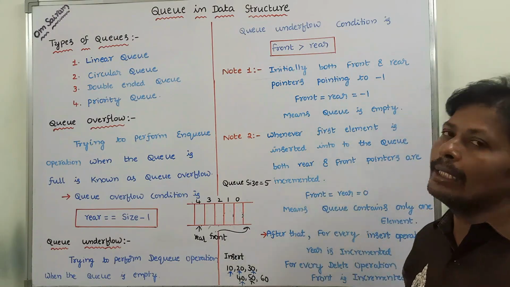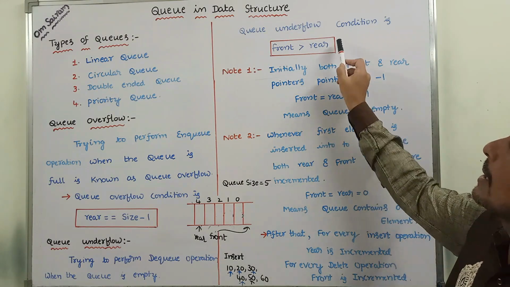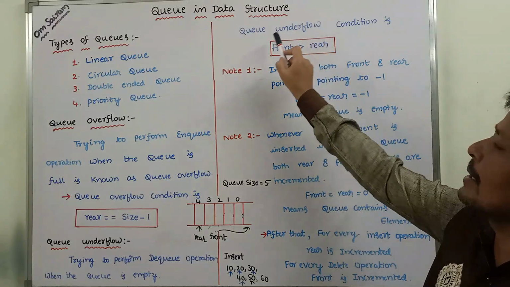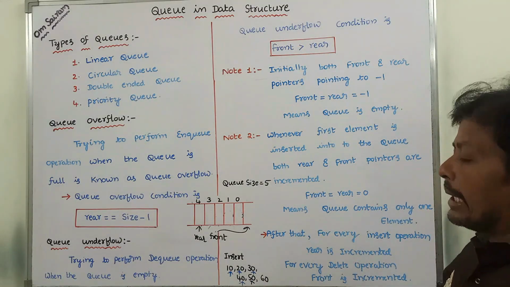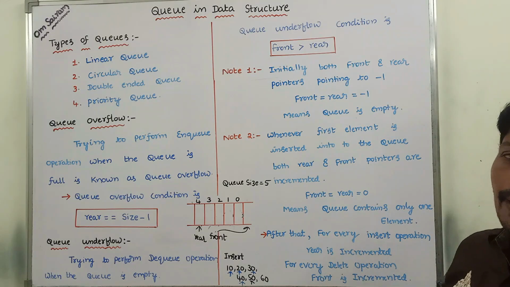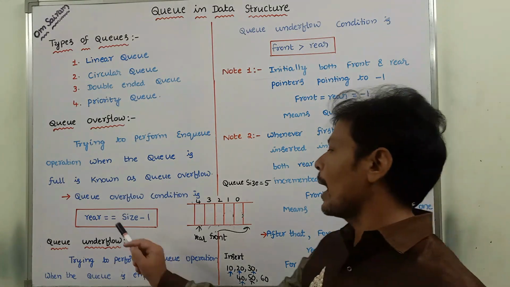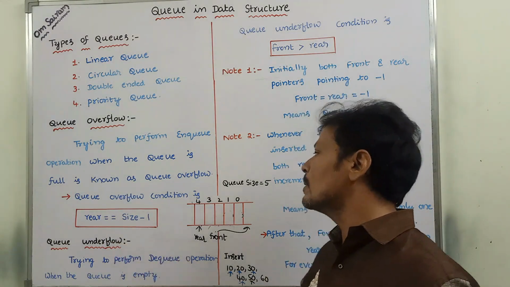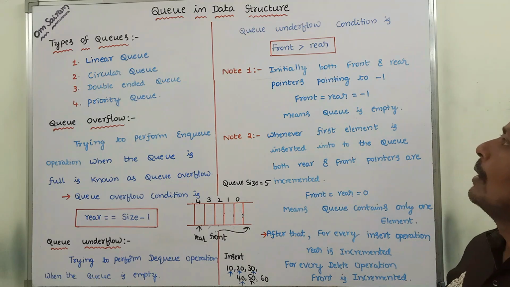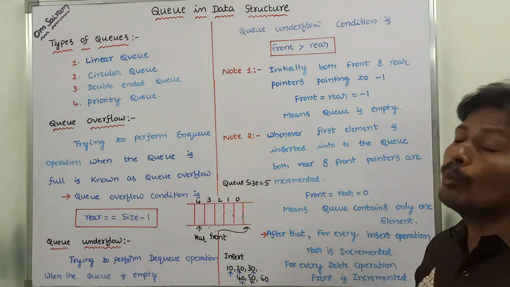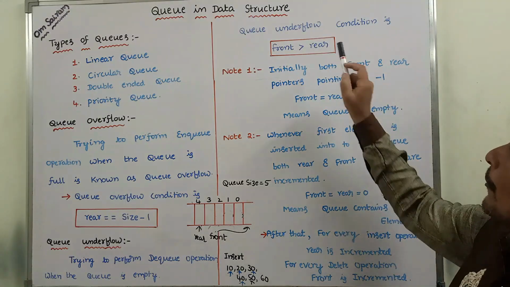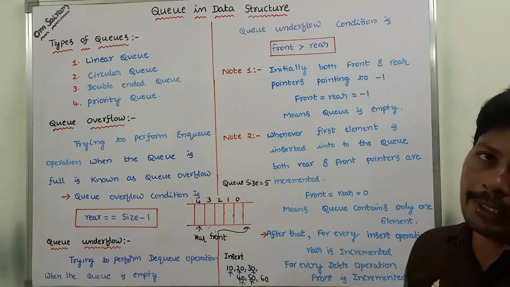This is the condition for representing queue underflow condition. What is the condition for representing queue overflow? Rear equal to size minus 1. And for queue underflow condition, front greater than rear.